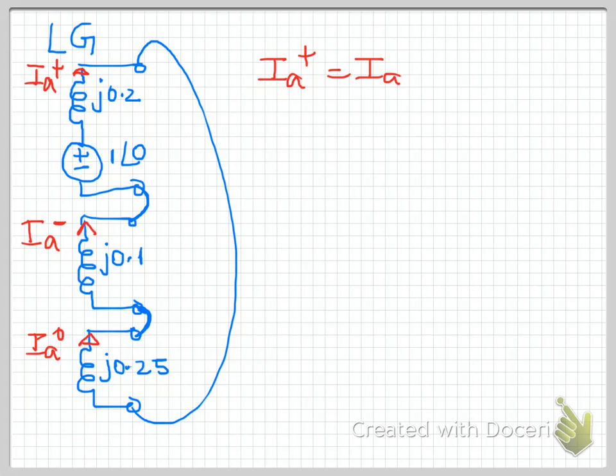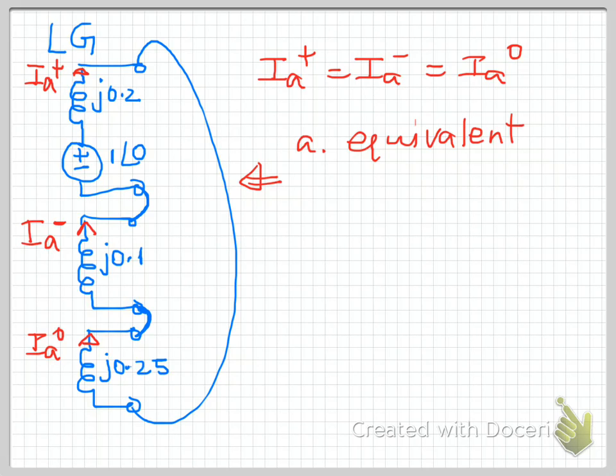And then we will figure out how to find its value, IA 0. Right? So this is your network. The one we have drawn here is your third one. This is part A, which is the equivalent symmetrical component network.